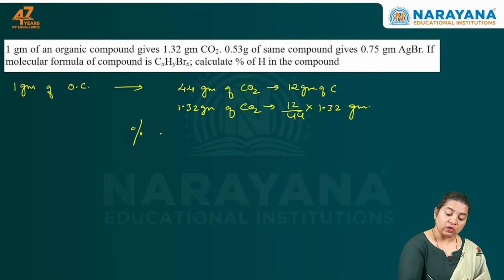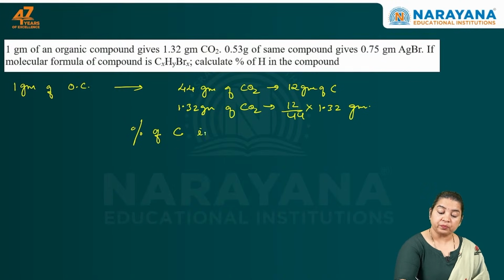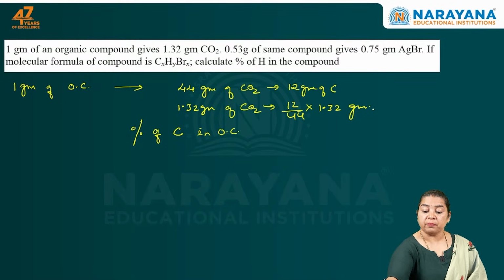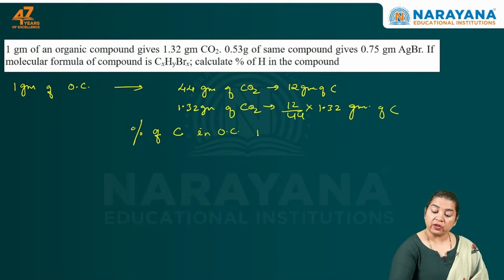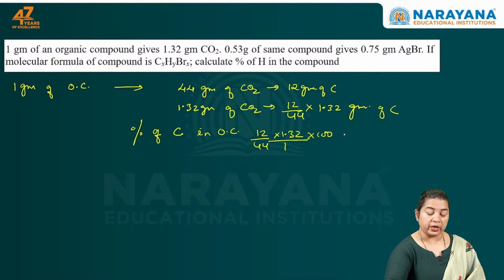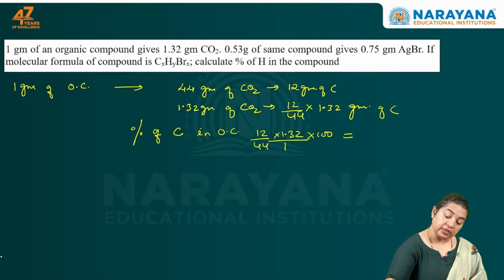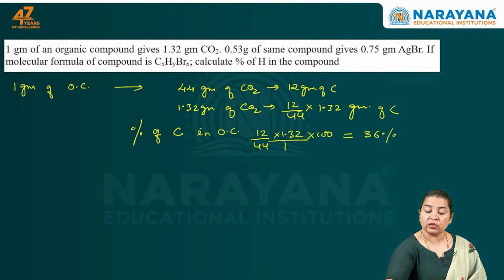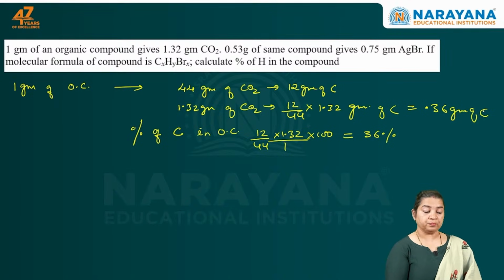To calculate the percentage of carbon in the organic compound, I will write 12 upon 44 into 1.32 upon 1 into 100, and when we solve this, we get 36 percent, that is 0.36 gram of carbon.